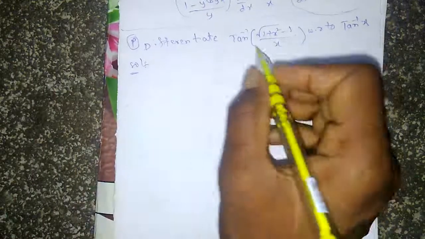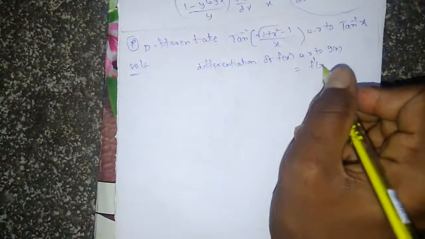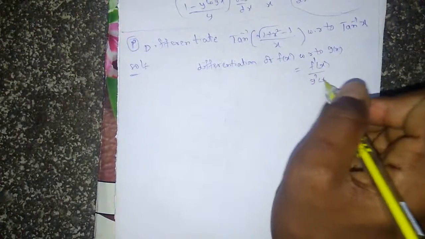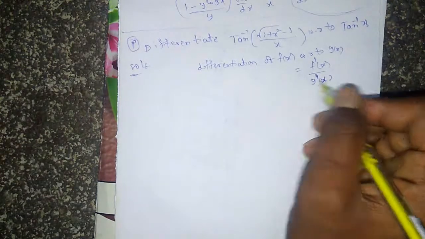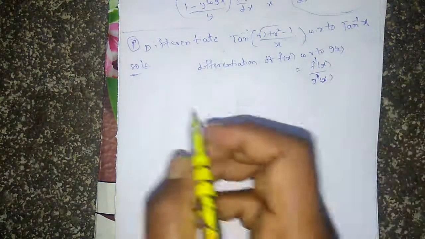So differentiation of f of x with respect to g of x is equal to f dash of x by g dash of x, that is derivative of f with respect to x by derivative of g with respect to x.